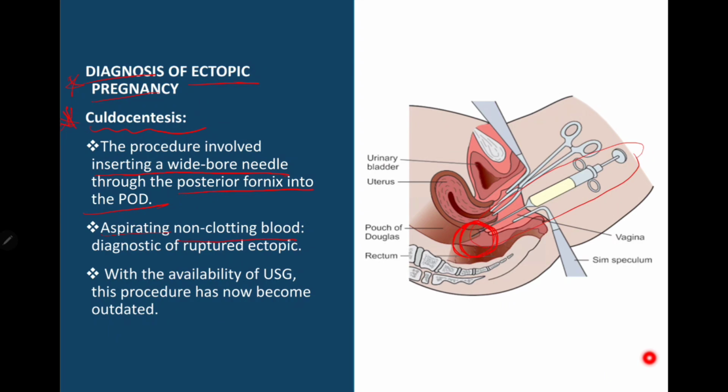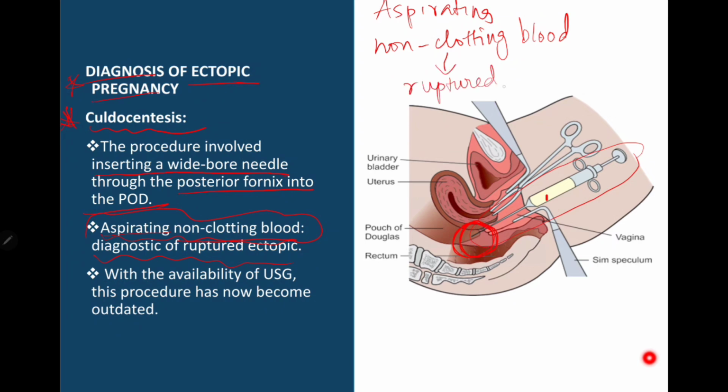Aspirating non-clotting blood is diagnostic of a ruptured ectopic. So the point to remember in culdocentesis is aspirating the non-clotting blood.